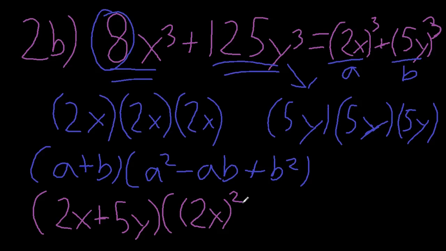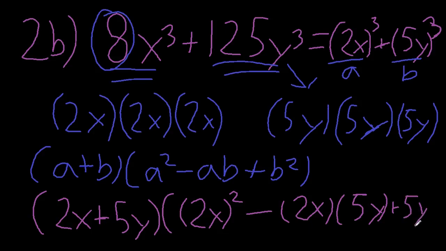You'll see why in a sec. Then minus, again I'm going to include the parentheses, 2x times b, which is 5y, and then plus 5y squared.